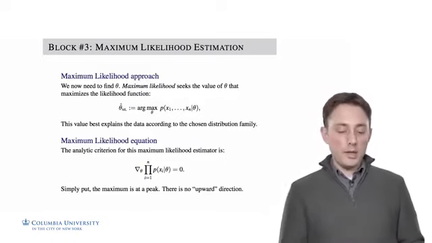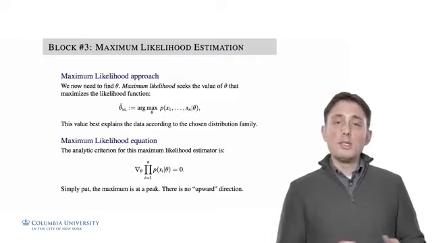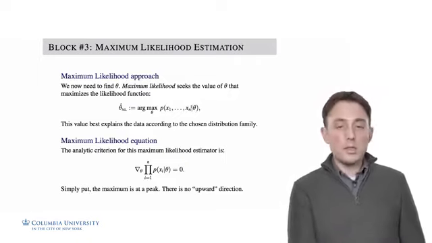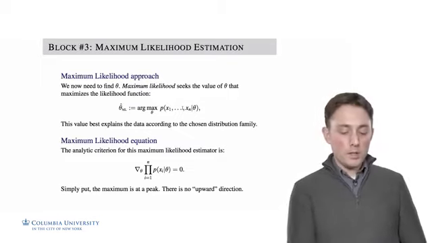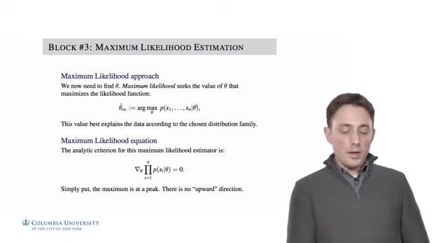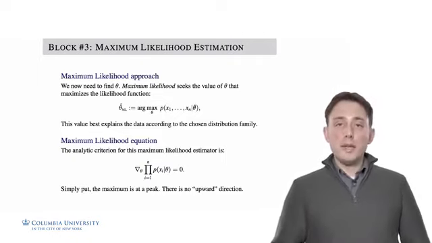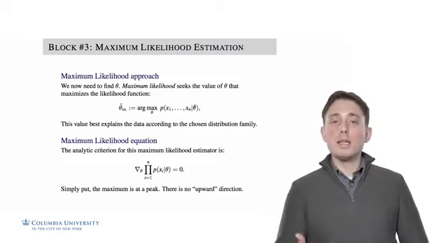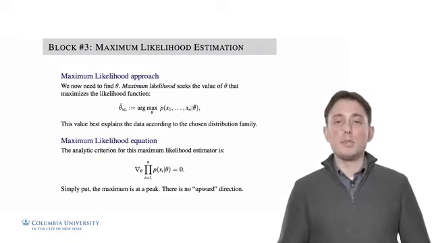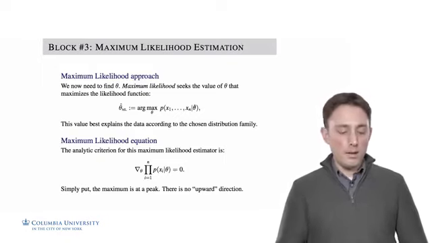So with the maximum likelihood approach, we simply want to find the value of theta that maximizes the joint likelihood function. So we've defined a model. This is a probability distribution on our data. For a particular value of theta, it tells us what is the likelihood of the data coming from that model. What is the probability of the observations that we have given that particular value of theta?